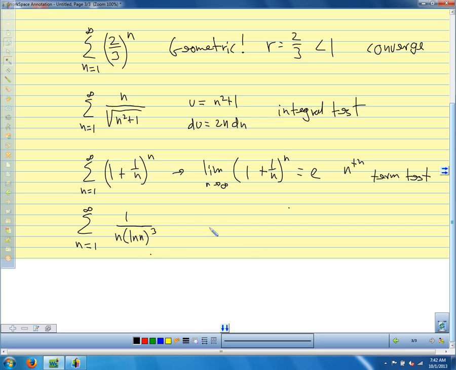All right, let me write a hint. So we can use the integral test here. We have 1 over u to the third du. And we could use the integral test to determine if this one converges or diverges.